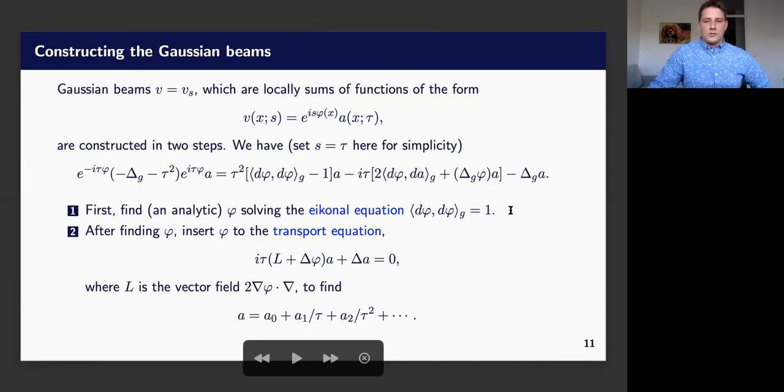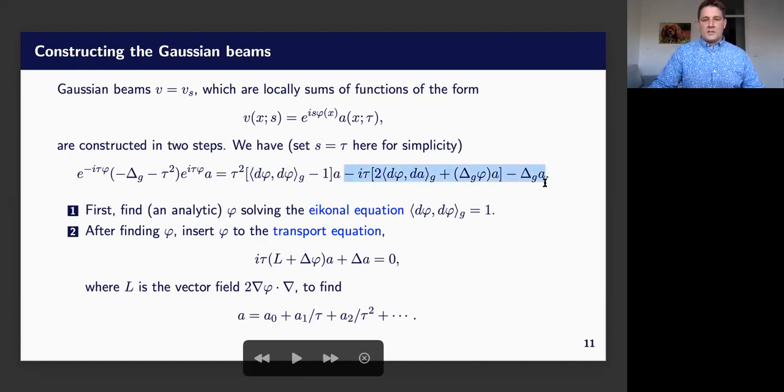So the construction goes as usual. We first find a phase function phi. In our case, it will be an analytic function, which solves the so-called diagonal equation here. So you see that in this case, this term will be equated exactly to 0. Then when we have solved the phase function phi, we insert that phi into the remaining part here.